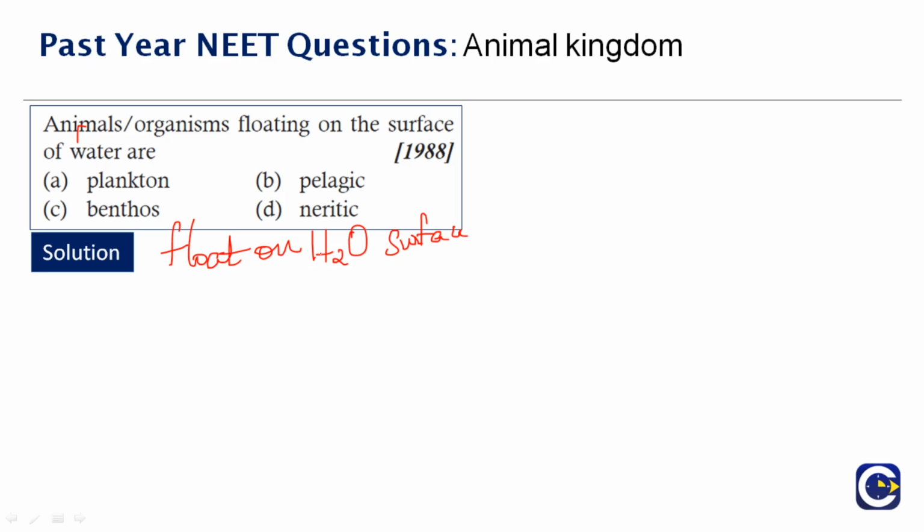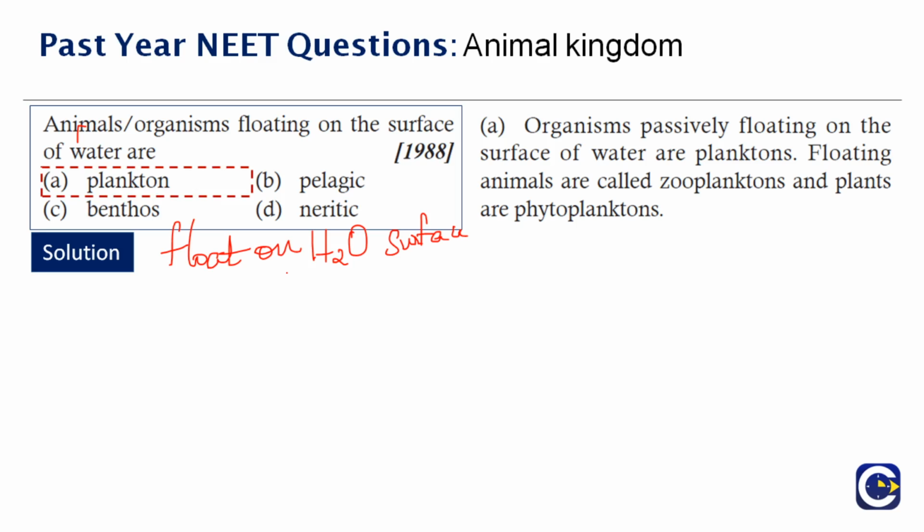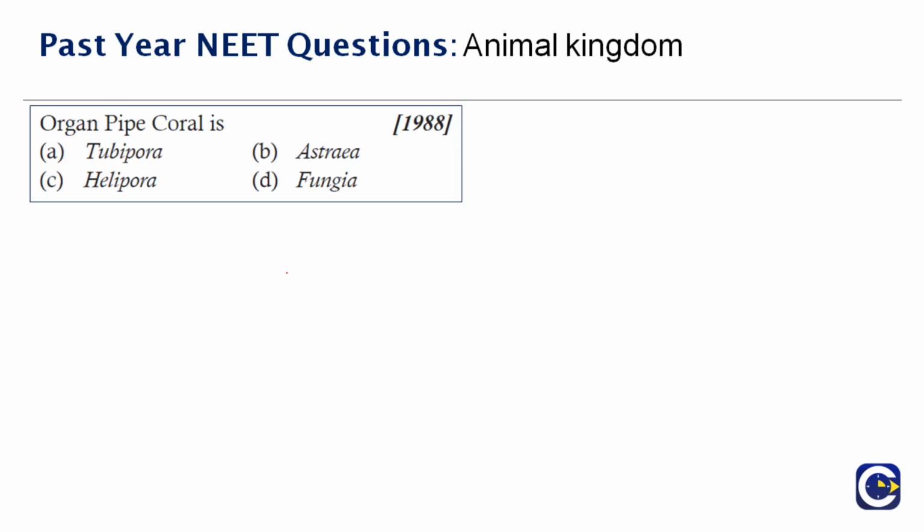Floating animals are also called zooplanktons, and when they comprise plants, they are called phytoplanktons. Therefore, the correct answer to this question is option A, plankton. You must have seen, when you travel near ponds and rivers or any stagnant water, you find these planktons floating. Therefore, the correct answer is option A.